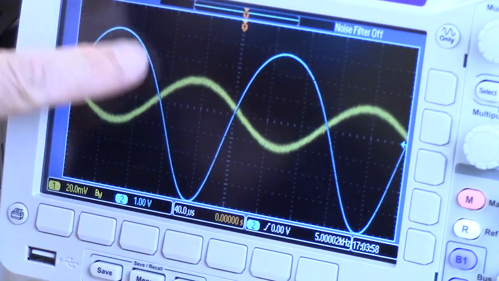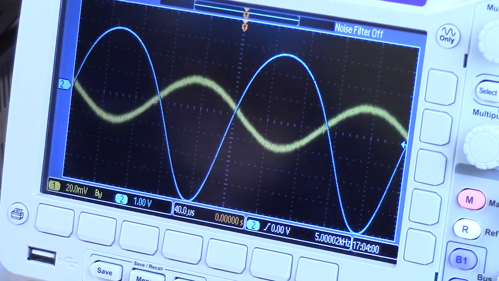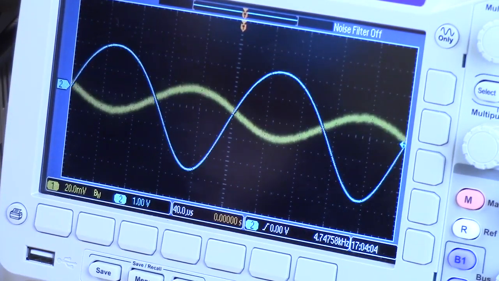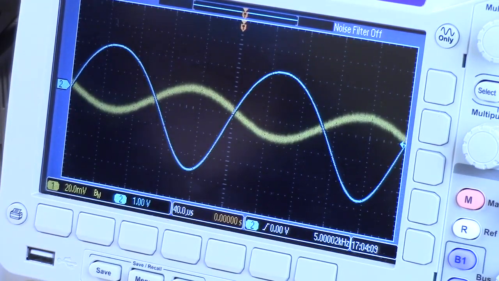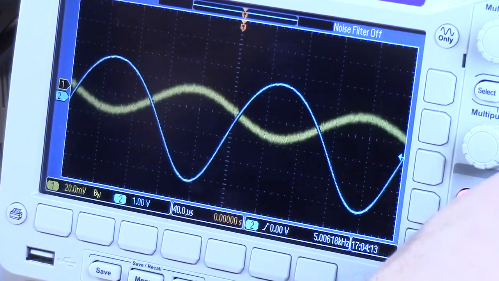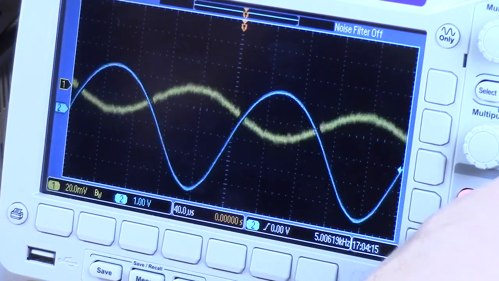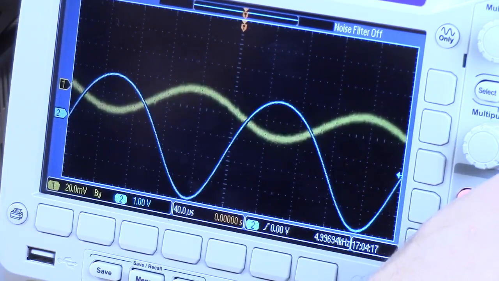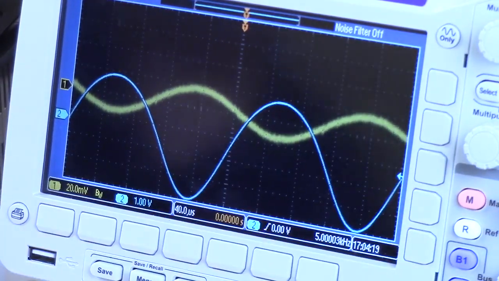There's still a little bit of distortion in here. Let's reduce our amplitude a little bit, like so. Right now we have an amplitude on channel 2 of about 5 divisions.